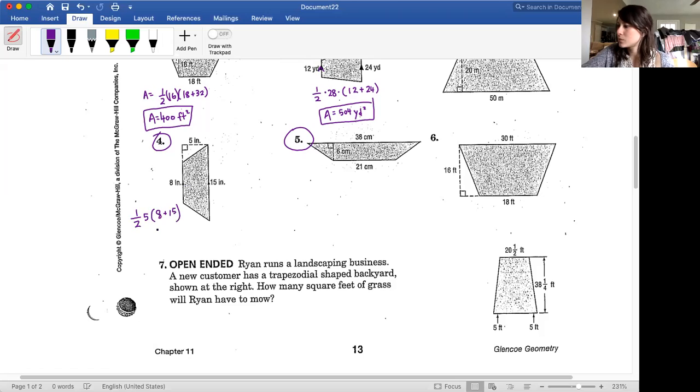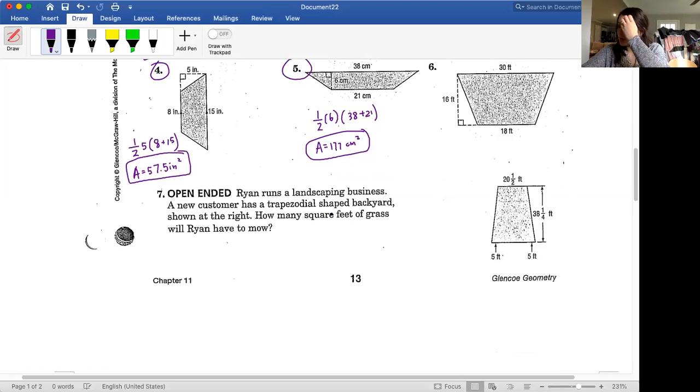Add that up, multiply it out, and the area equals 57.5 square inches. Number 5, this one's straightforward. Your height is 6. Your bases are 38 and 21. So 1/2 times 6 times 38 plus 21. Add that up first, then multiply everything else out. The answer is 177 centimeters squared.